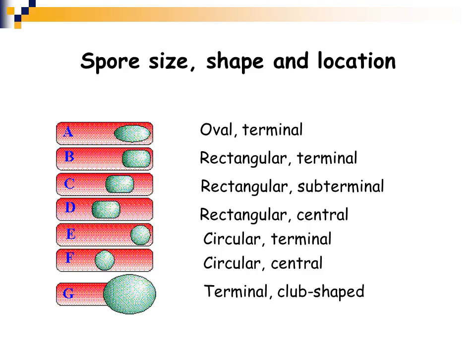When they're closer to an end, but not right on the end, they're subterminal. When they're smack dab in the middle of the cell, of course, they're called central spores. And then you have club-shaped spores. So you have oval, rectangular, circular, and club-shaped, and the location terminal, subterminal, and central.